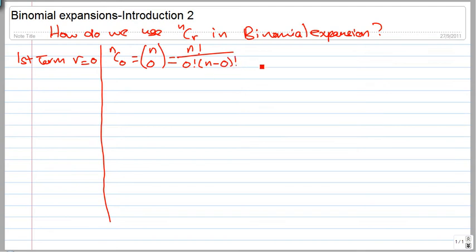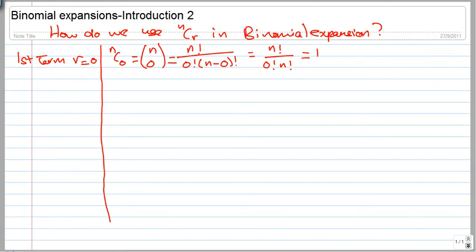By the way, 0 factorial is actually equal to 1. So if you work it out, it's n factorial over 0 factorial times n factorial, and 0 factorial is equal to 1. Let's carry on, and what you get is actually 1.